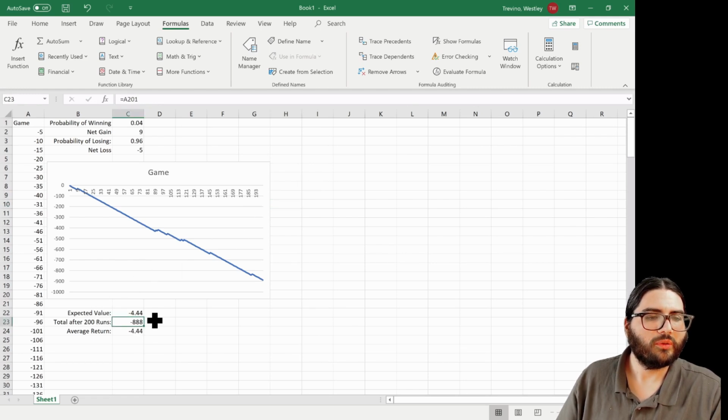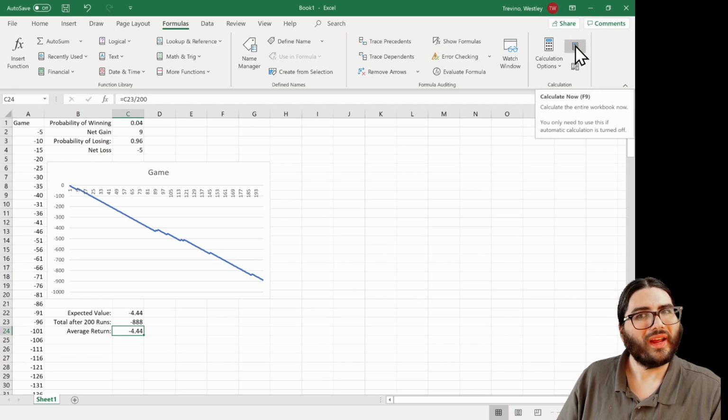The interesting part about this Excel spreadsheet is that not only can I simulate 200 games and see the cumulative effect, but I can also do an estimation of the expected value. Here's the expected value we calculated, -4.44. After 200 runs, I can give you an estimate of the expected value here. It just so happened that this expected value was exactly -4.44.